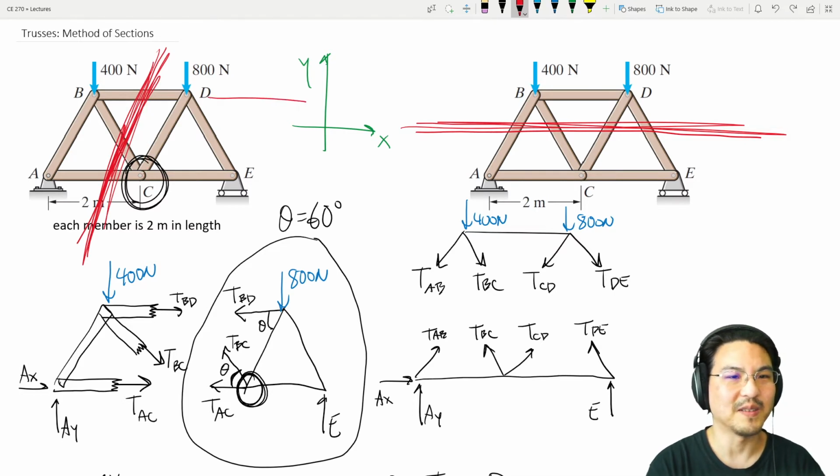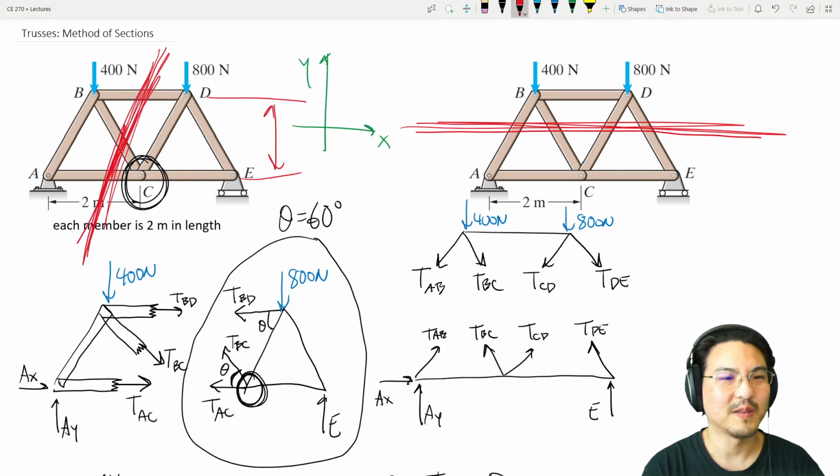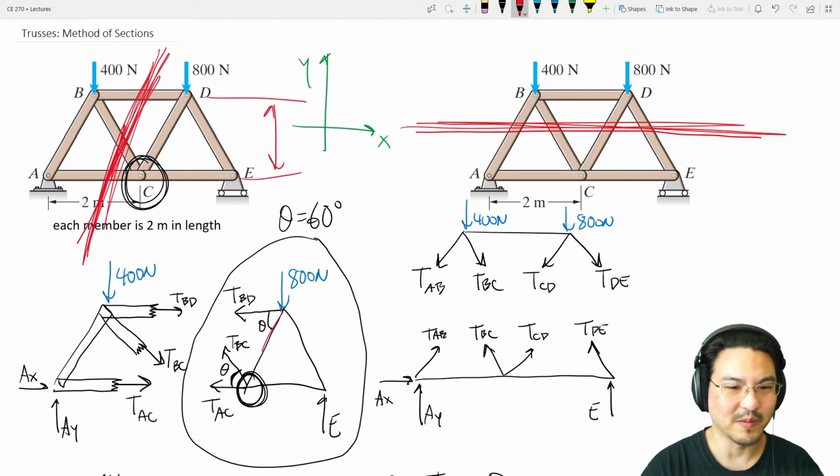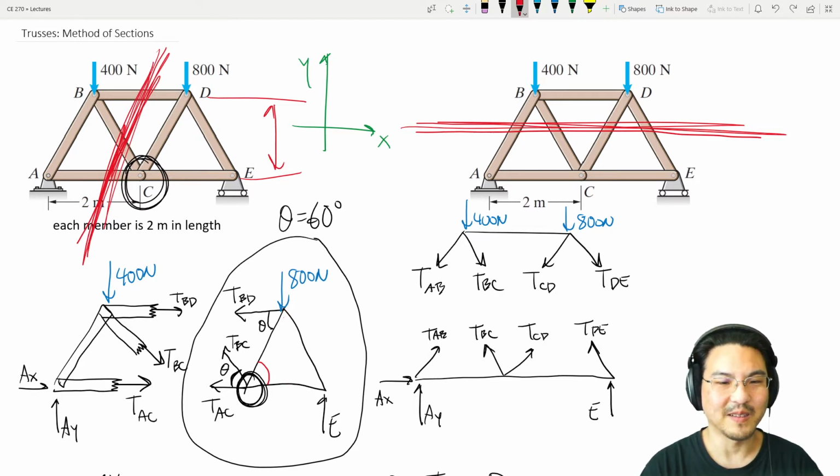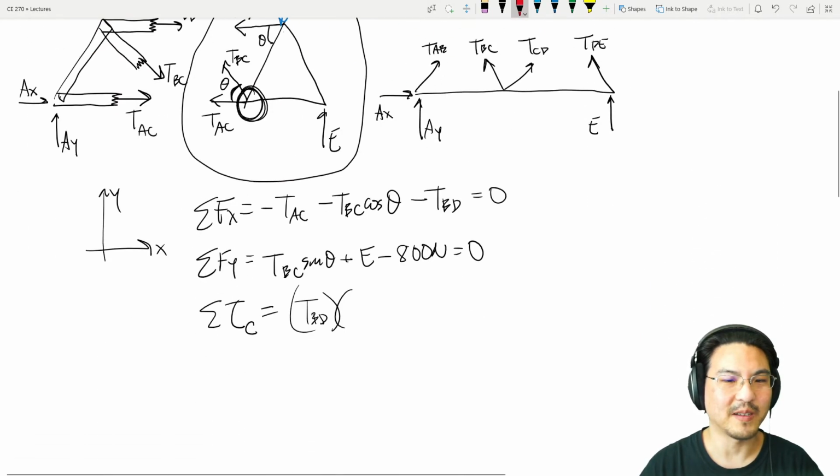Right, so how far is here to here? If this beam, like this hypotenuse is 2 meters, and this angle is 60 degrees, then this is opposite. So this has got to be, right, sine is opposite over hypotenuse. So then this vertical component here has got to be 2 sine 60. Okay, so that's 2 sine 60.